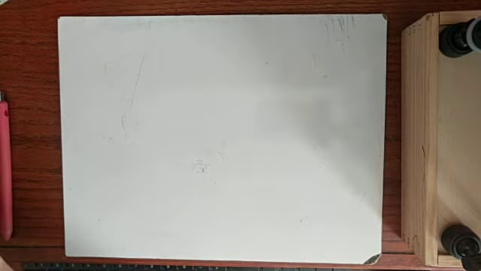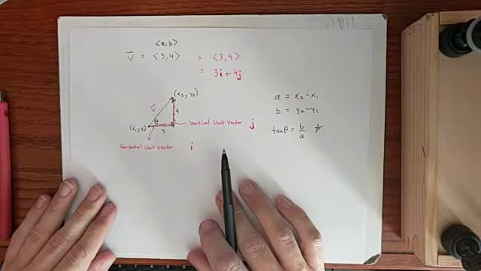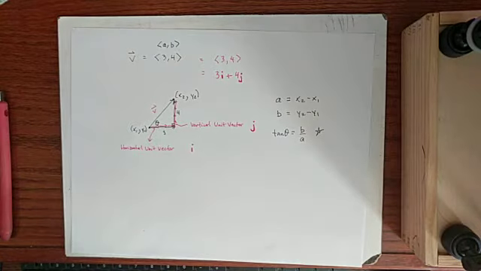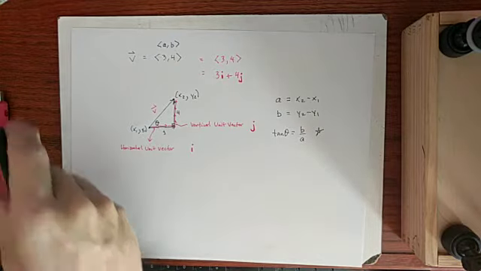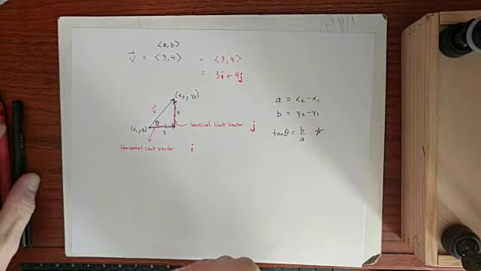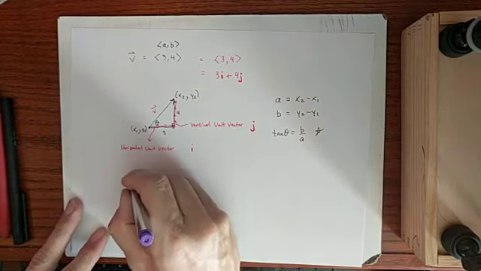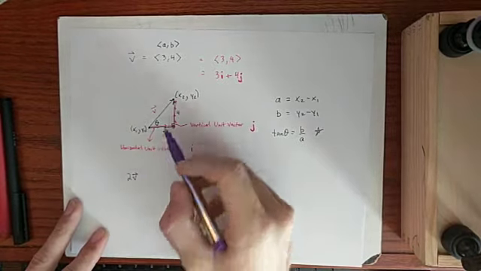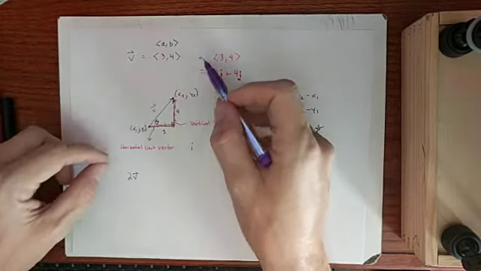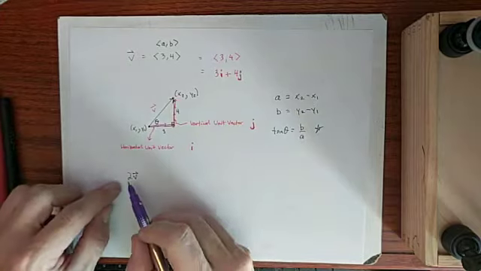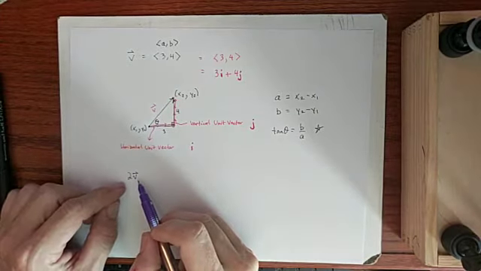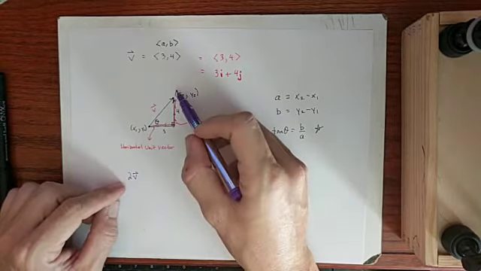What's a scalar? Okay, so let's go back to our picture here. A scalar is another way of describing a scale factor, or how to make the vector longer or shorter. So if I had 2v, what I'd be doing is taking this vector and stretching it out twice as long. Scaling the vector does not change its direction, it changes its length.